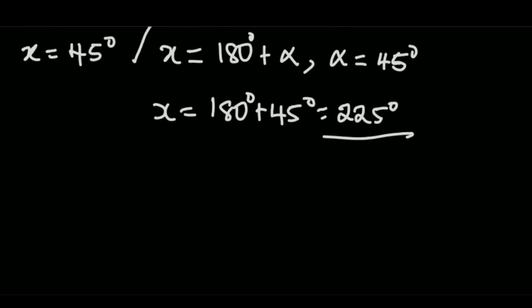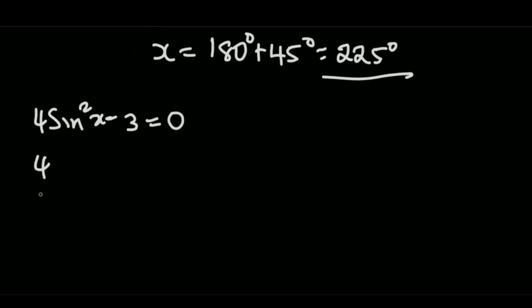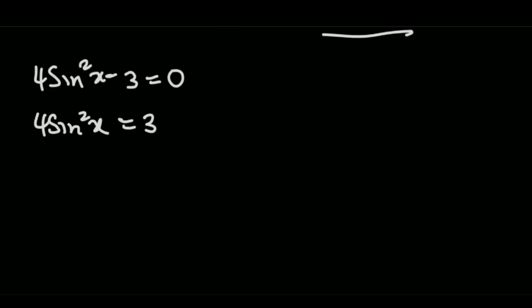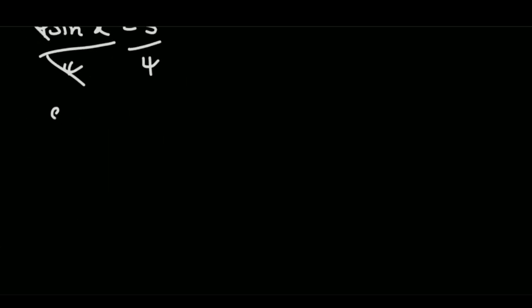This one here is 4 sine squared x minus 3 equals 0. So we have 4 sine squared x equals 3, when you add 3 to both sides. Then you divide both sides by 4, so the 4s cancel, and you have sine squared x equals 3 over 4.